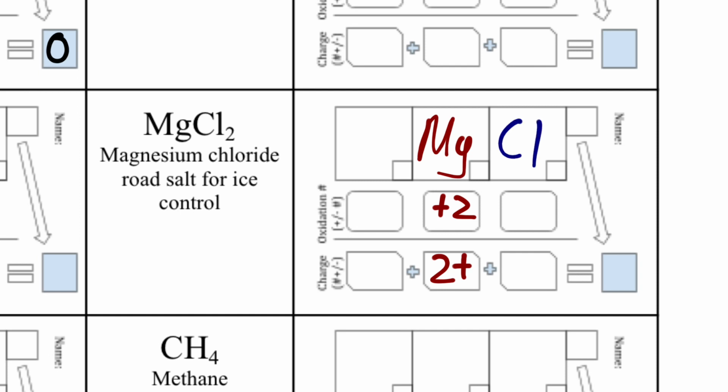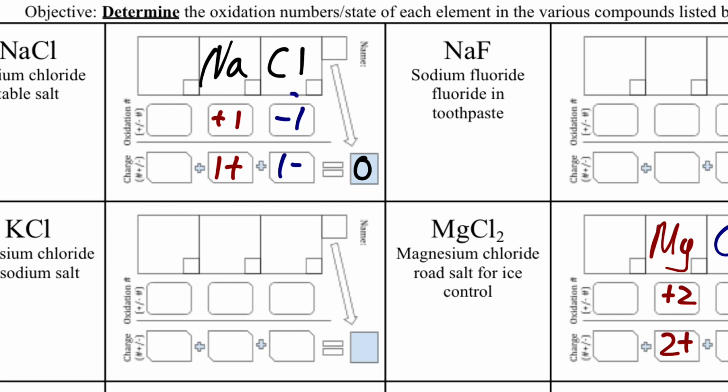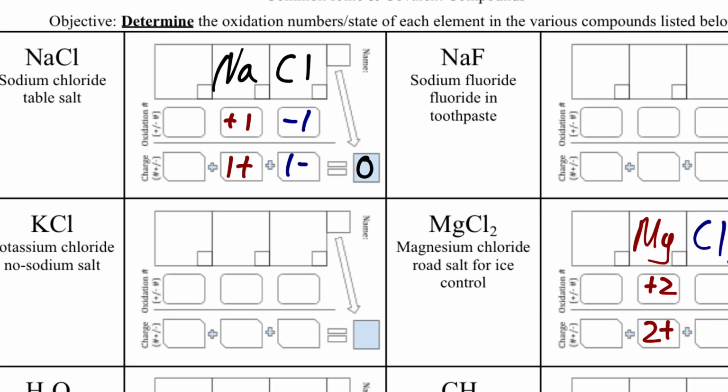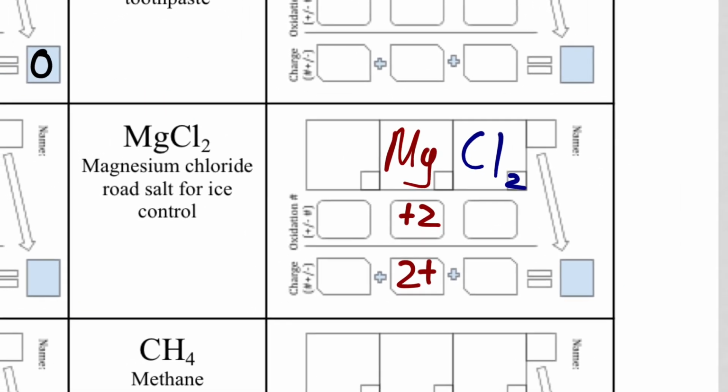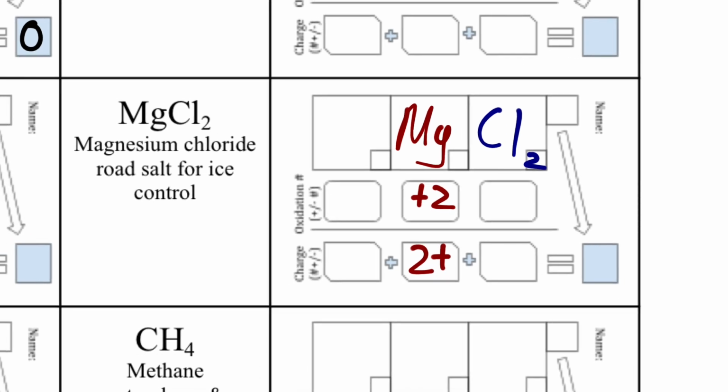The second one is Cl, and this one does have a subscript of 2. So with that subscript, what you want to be careful for is you need to multiply that to get the charge in total. So we already saw previously that Cl is -1 oxidation number, because it is group 17.